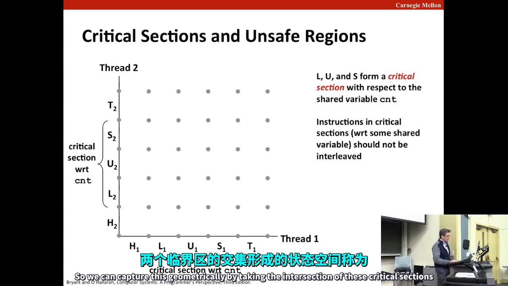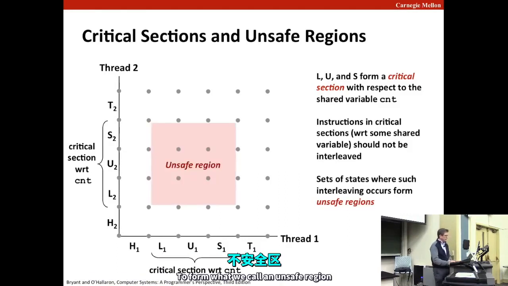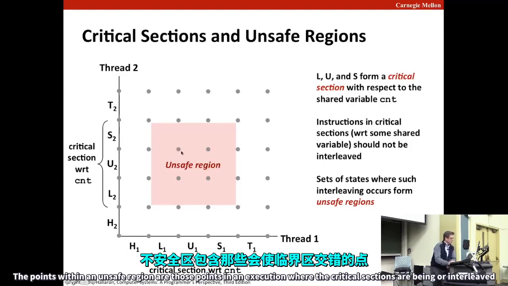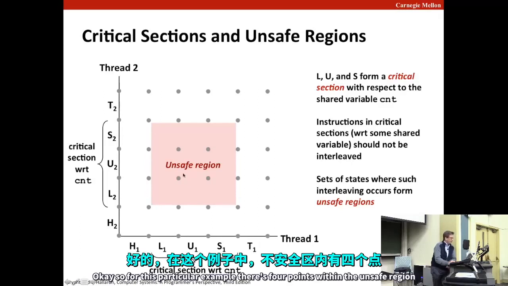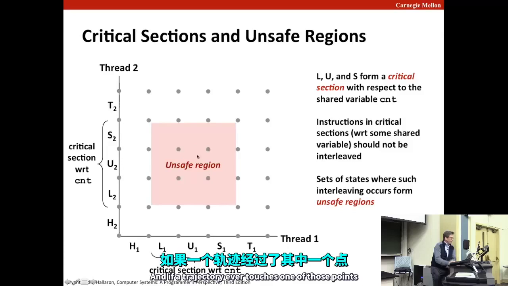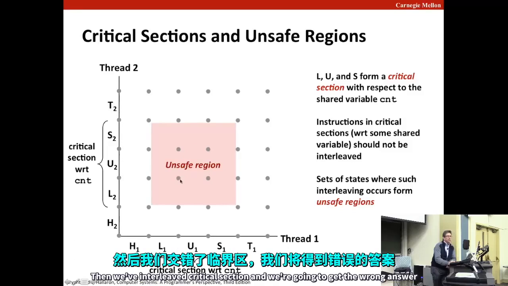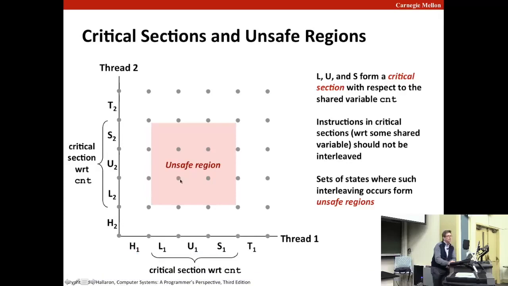We can capture this geometrically by taking the intersection of these critical sections to form what we call an unsafe region. The points within an unsafe region are those points in an execution where the critical sections are interleaved. For this particular example, there are 4 points within the unsafe region. If a trajectory ever touches one of those points, then we've interleaved critical sections and we're going to get the wrong answer.